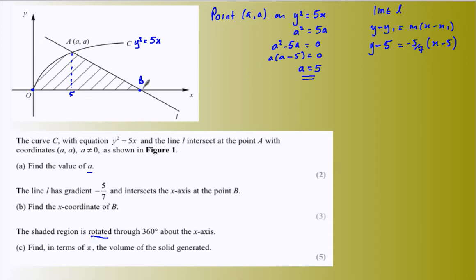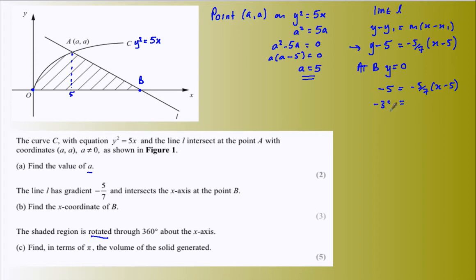I will if I need it later, but I'm just going to leave the equation of the line like that for the moment. To find B, the one thing I know about B at the moment is that the y-coordinate is 0. And if I put that in here, y-coordinate 0 is going to tell me that minus 5 is that. Let me sort this out.